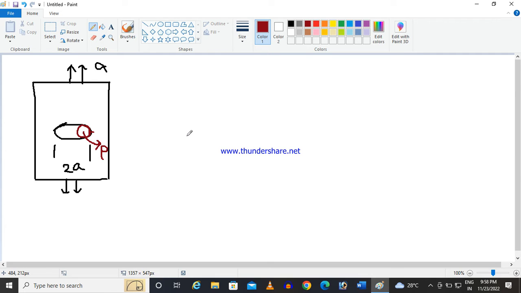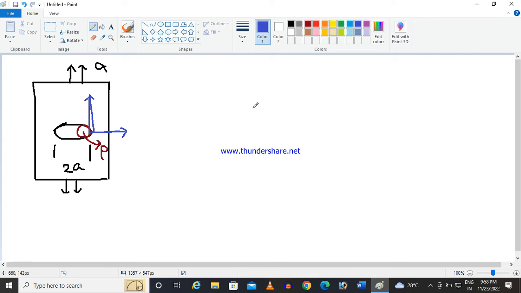Now we will try to plot the stress concentration distribution from the tip. The x-axis is the distance from the tip of the crack, and the y-axis is the stress concentration or the distribution.